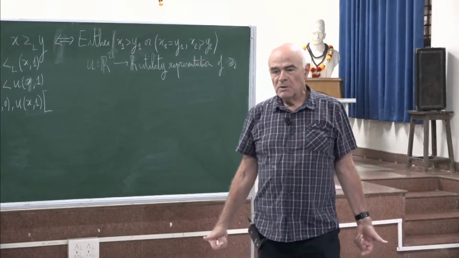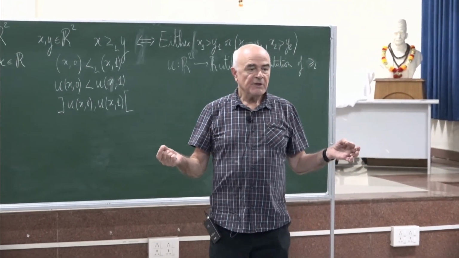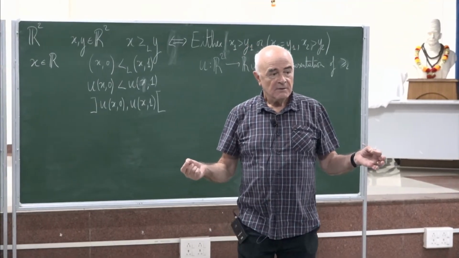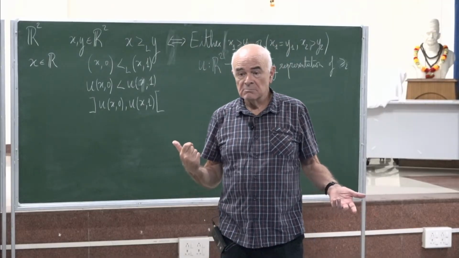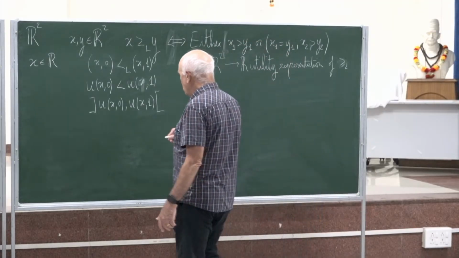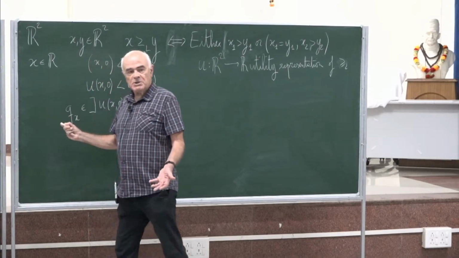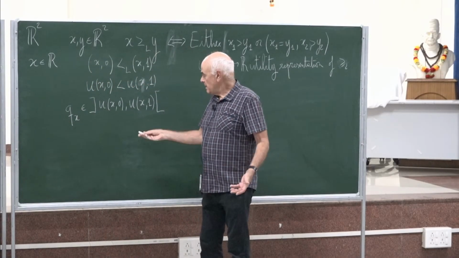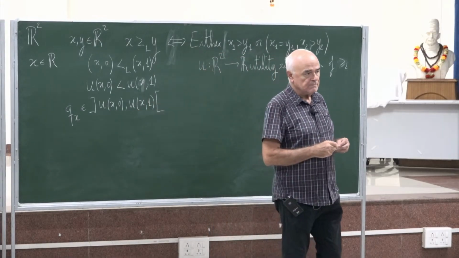And as you know, in every real interval, there are infinitely many rational numbers and irrational numbers. I just pick one, which I call qx, q sub x, because it depends on x. For every x, I make this construction, and I pick a rational number.